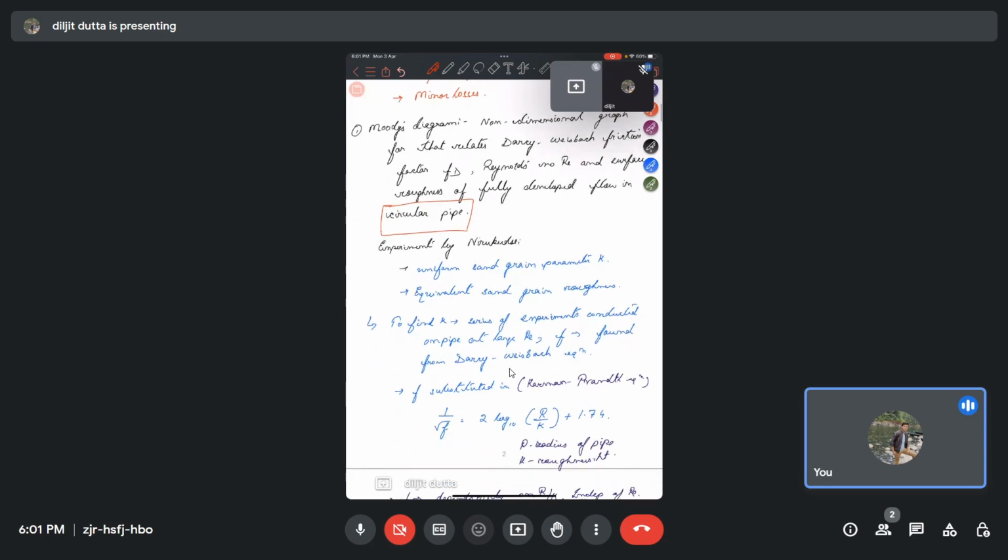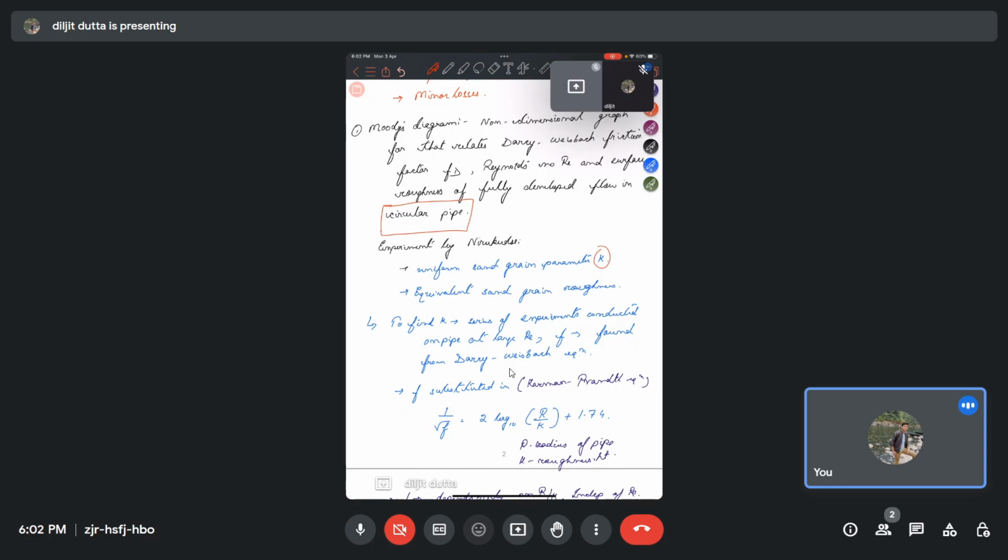So how was the Moody's chart developed? It was developed from a series of experiments conducted by Nikuradse. He took sand grains which had uniform grain size, that is, a uniform surface roughness parameter k.